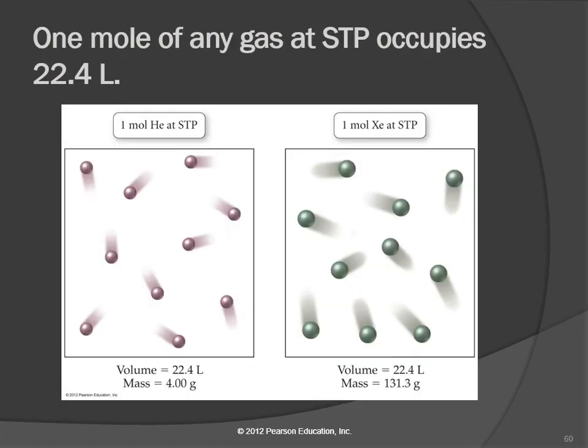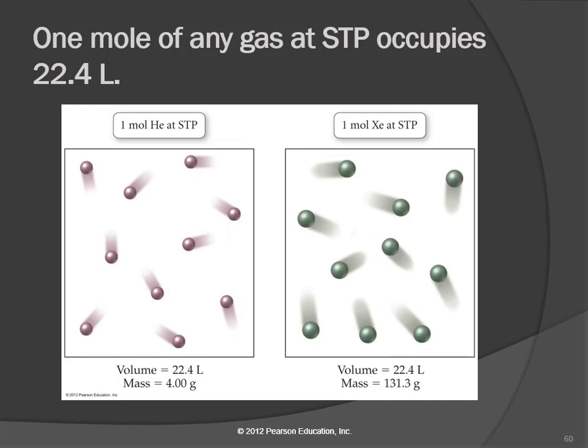Or maybe let's just look at a picture instead. 2 pictures here. This is representing 1 mole of helium at STP. This is 1 mole of xenon at STP. Which type of atom is larger, helium or xenon? Xenon is. As we go down a column in the periodic table, the size of the atom increases.